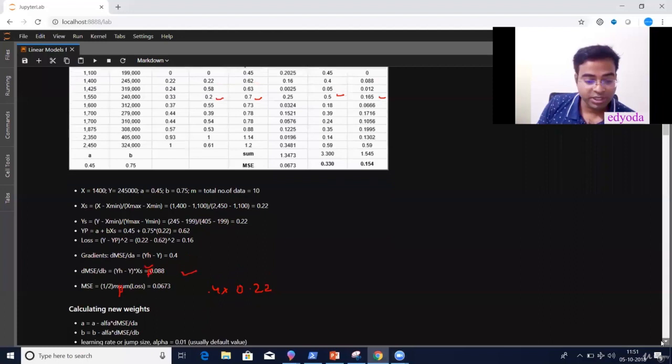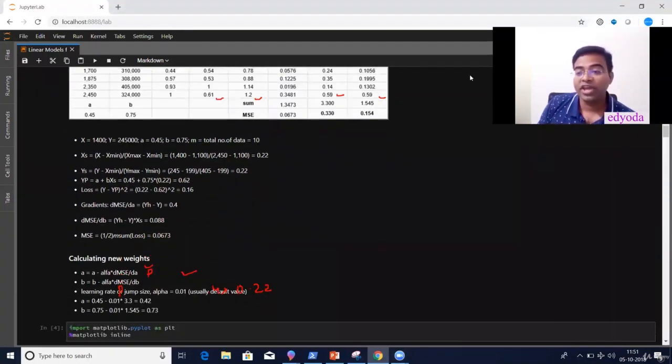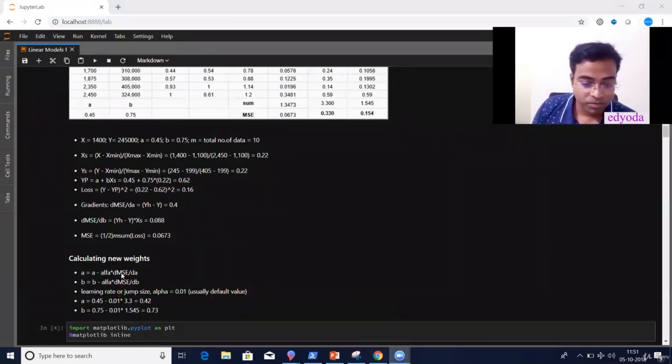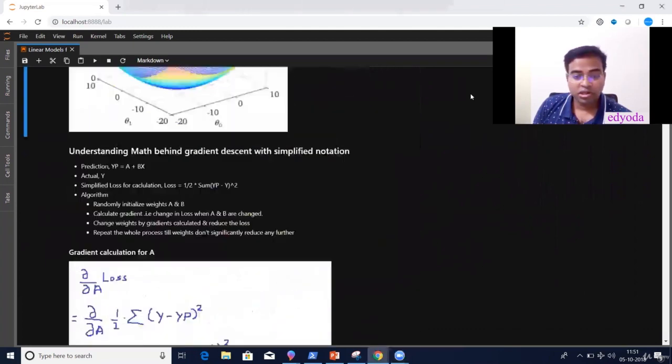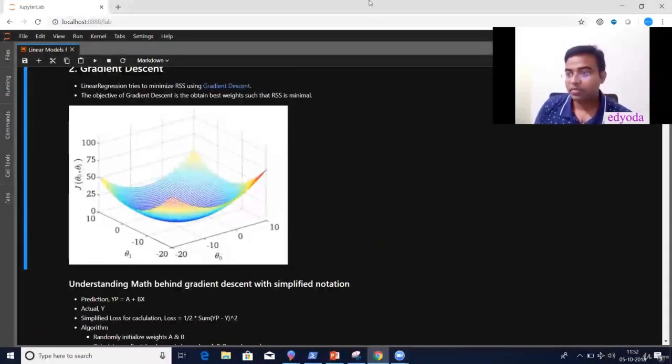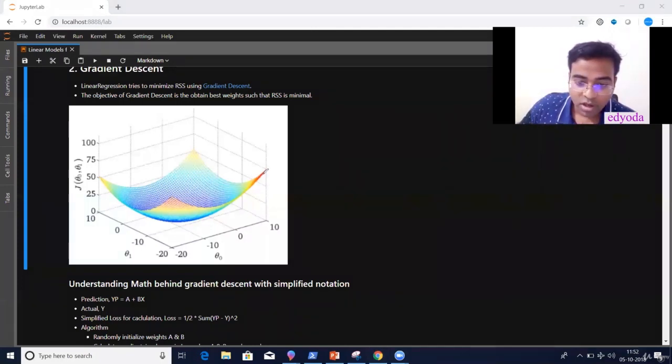Now we need to see our new weights, the new coefficients which need to be altered. Assume that we have a learning rate. In this diagram, assume that you start searching from here.